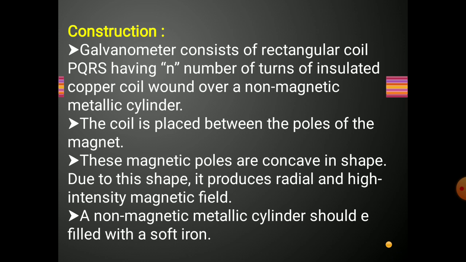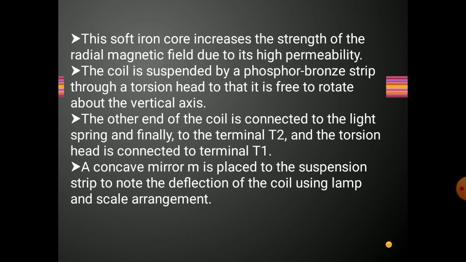These magnetic poles are in concave shape. Due to this shape, it produces a radial and high intensity magnetic field. You can remember this point: why are these magnetic poles concave? Because it produces a radial magnetic field with high intensity.